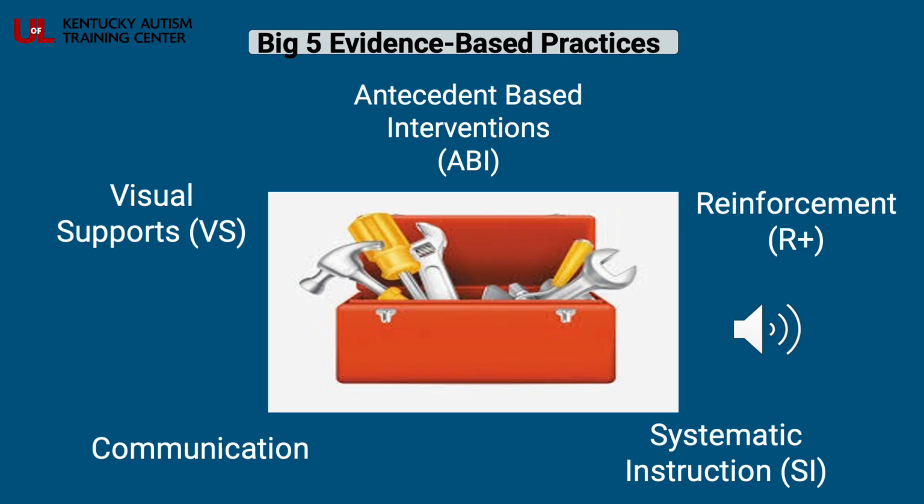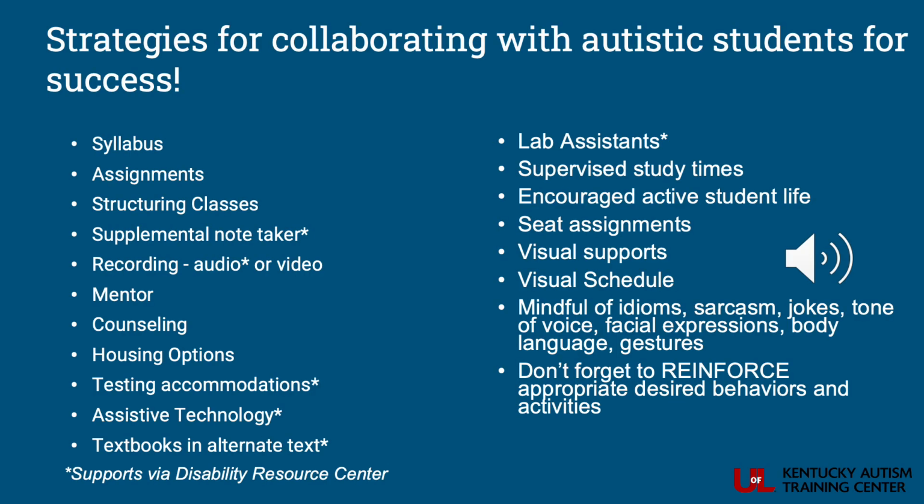Here are the big 5 evidence-based practices: antecedent-based interventions, visual supports, communication, systematic instruction, and reinforcement. And here are some strategies for collaborating with autistic students for success. Syllabi, which give more direct detail of what's going to be happening in a class.